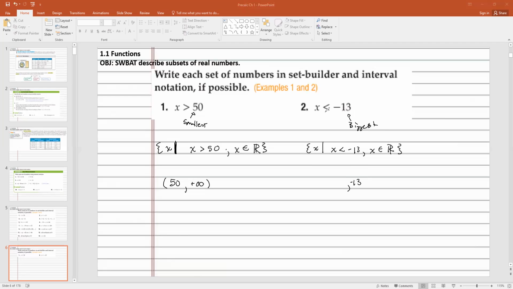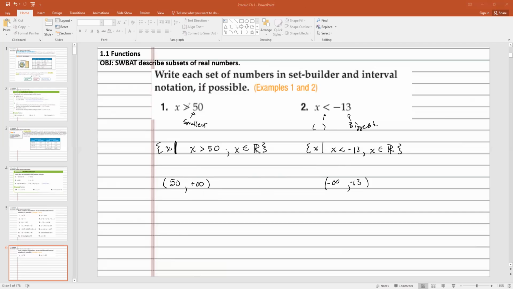And because there's no or equal to, that means it's parentheses. And the smallest number is all the way to negative infinity. Okay, so if there's no barrier for the smallest number, it's going to be negative infinity. If there's no barrier for the biggest number, it's going to be positive infinity.